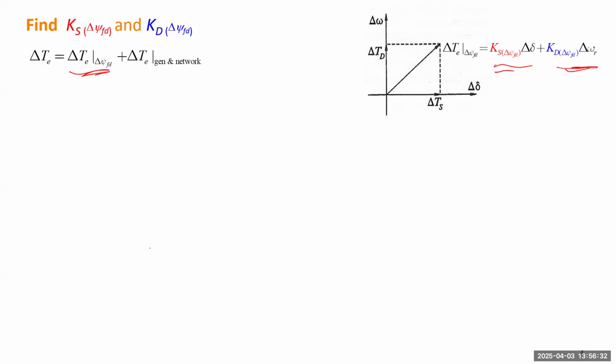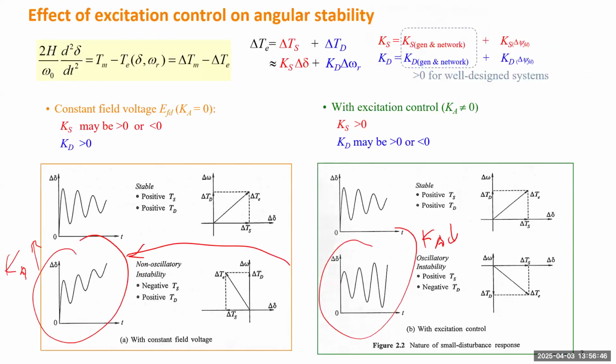The sign of those two components will be very critical, because Ks or Kd depends on the generator and the network, usually positive if the system is well designed. Those are usually positive, but those are unknown. Those two items are what we need to figure out.